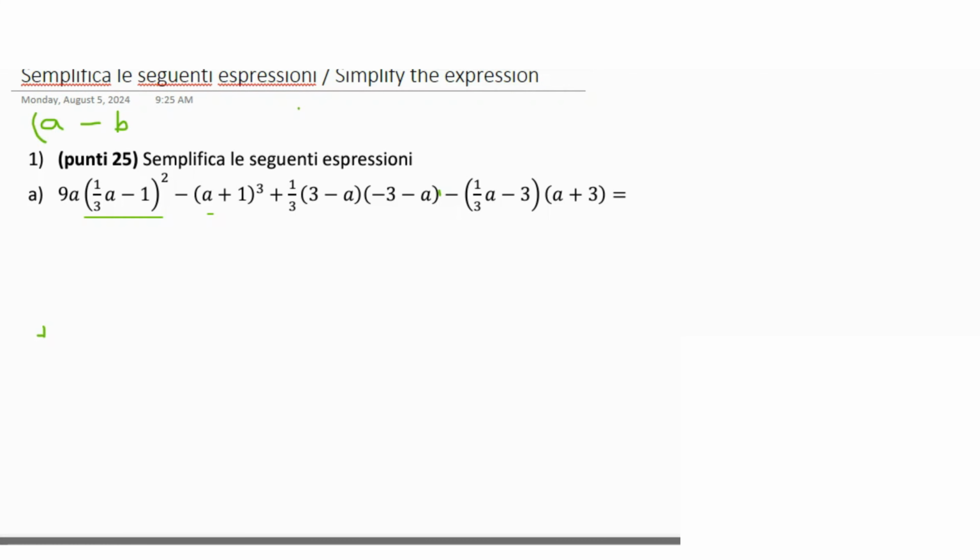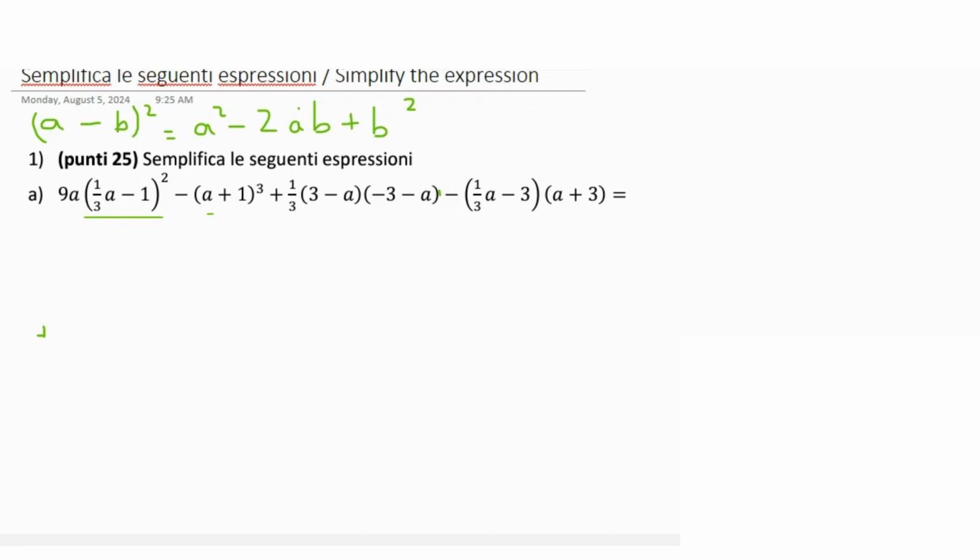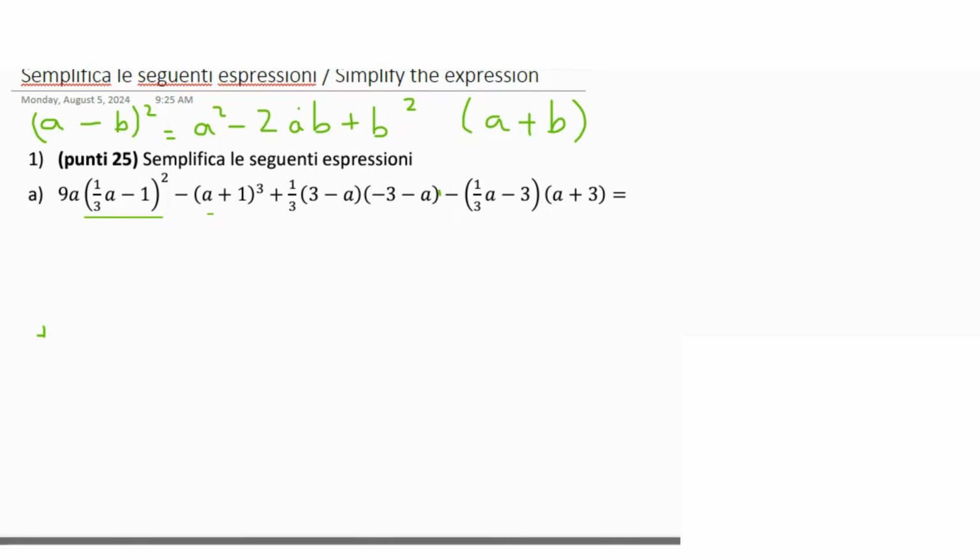This is a minus b whole square, which is a square minus 2ab plus b square, and the other one is a plus b whole cube, and that is going to become a cube plus 3a square b plus 3b square a plus b cube.